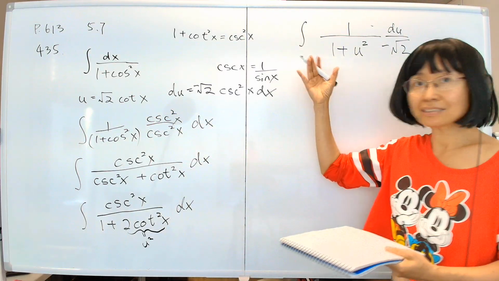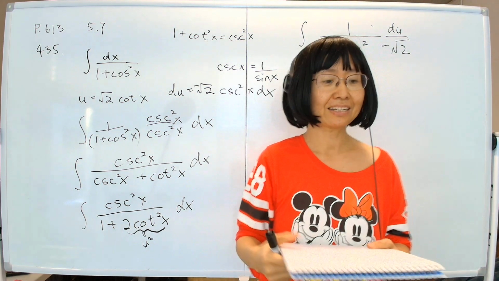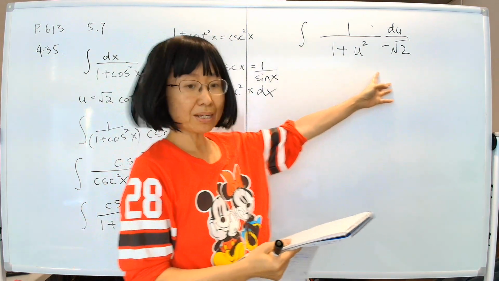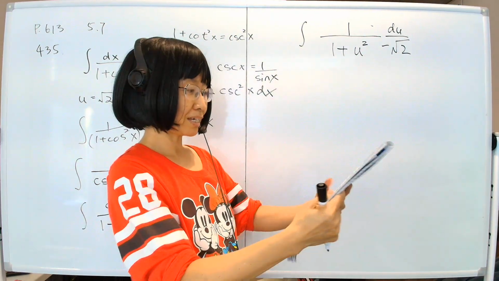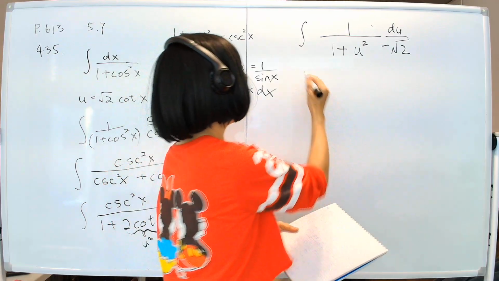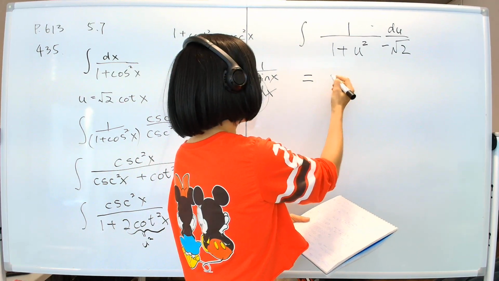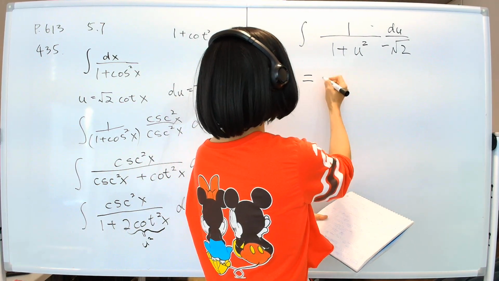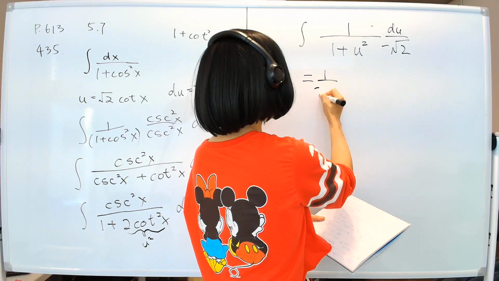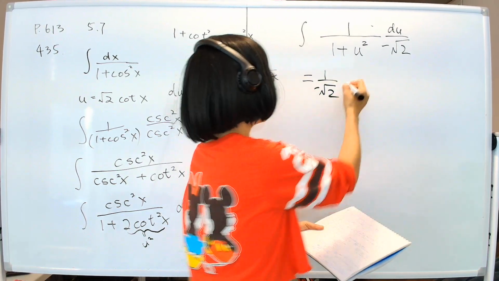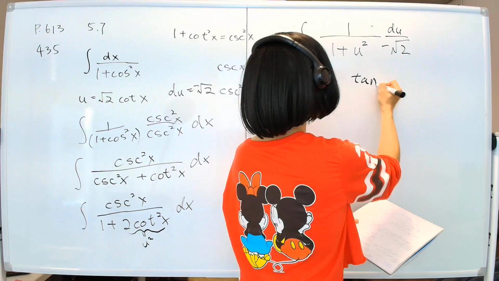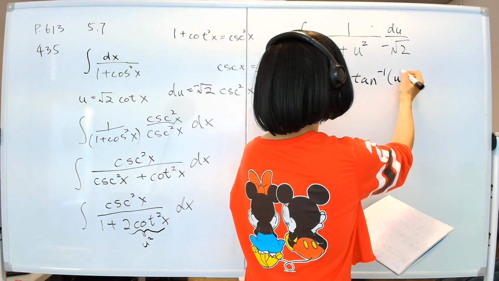Now this is the tangent inverse equation. So being the tangent inverse equation, we can pull out the tangent inverse and do the integration. The minus square root of 2 is still here, don't forget it. And then we have the tangent inverse of u.